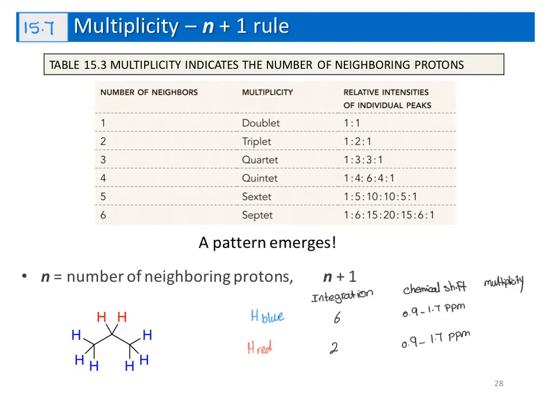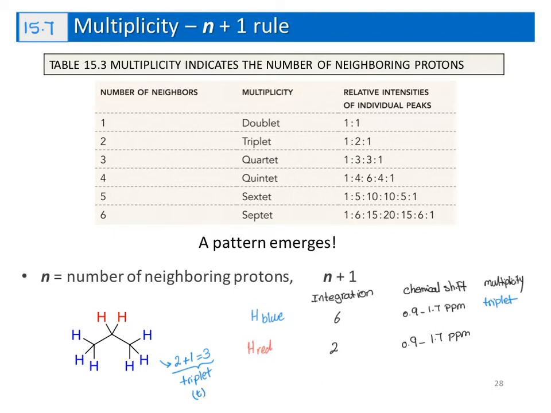So to find the multiplicity, we need to add 1 to 2, so it's 3. Therefore, we are going to see a triplet for the blue hydrogens. Sometimes you may see triplet is written as just a small t, so it's the same thing.